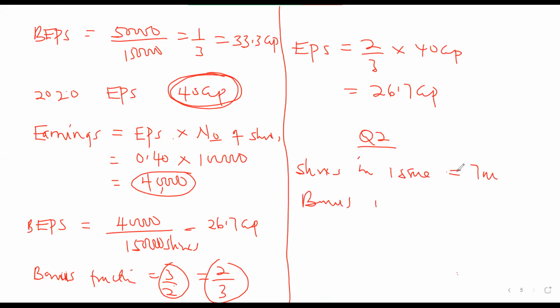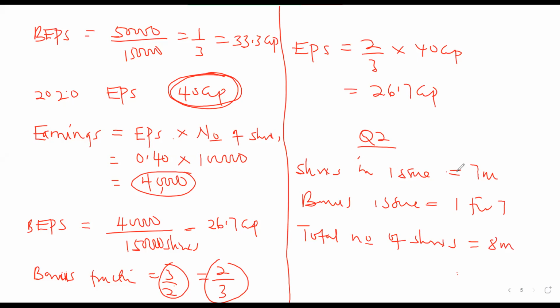The bonus issue was made in a proportion of what? 1/7. So how many shares are they going to be getting from the bonus issue? 1 million. Okay. So the total number of shares will now be 8 million. Am I correct?